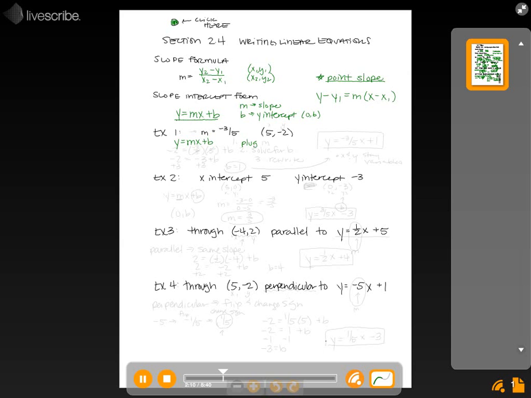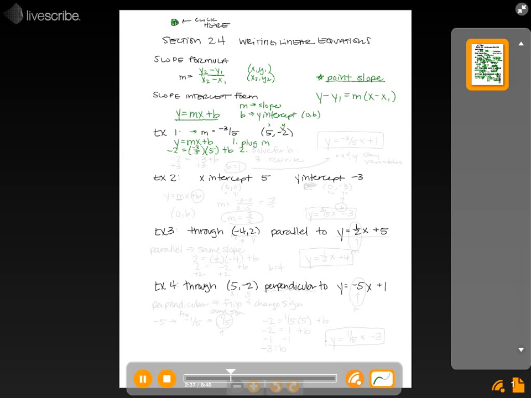Our first step is to plug in numbers. Well, m they tell us right here, that's our slope, and from our point we're going to get x and y. X is 5, y is negative 2. So let's plug those in. Negative 2 equals negative 3/5, because that's what m is, times x, which is 5, plus b.